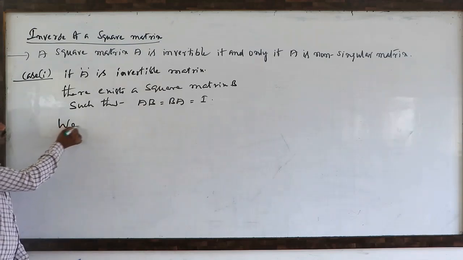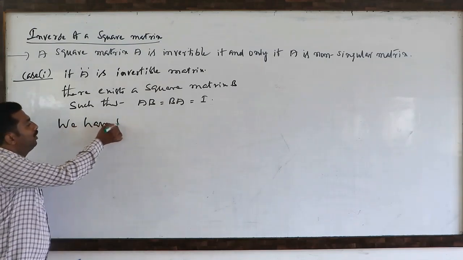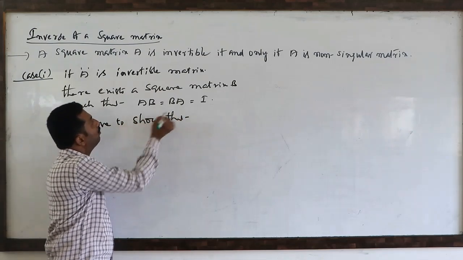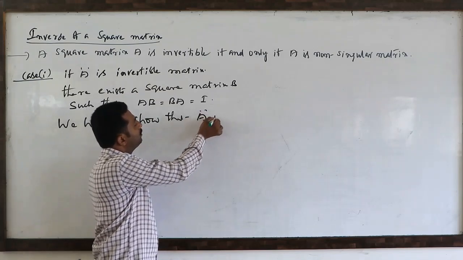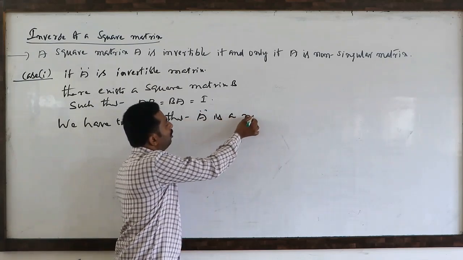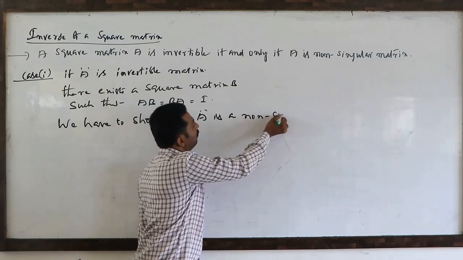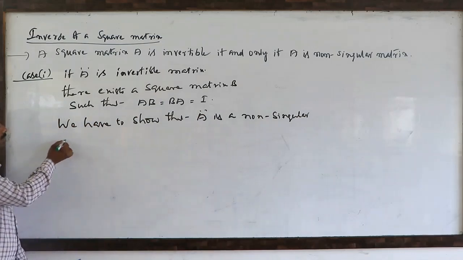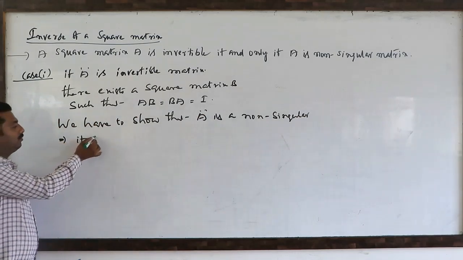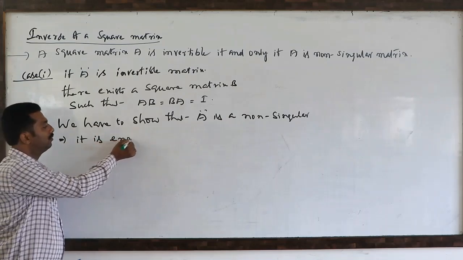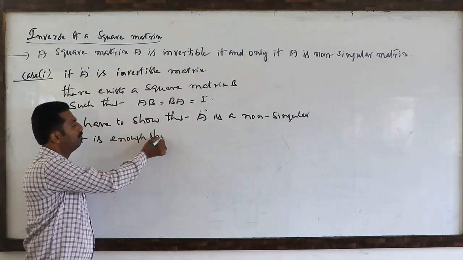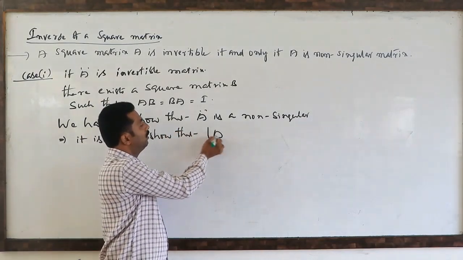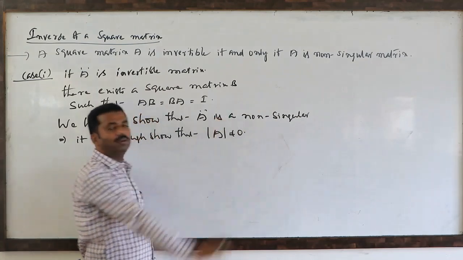Now we have to show that A is non-singular. Then it is enough to show that determinant of A is not equal to 0.